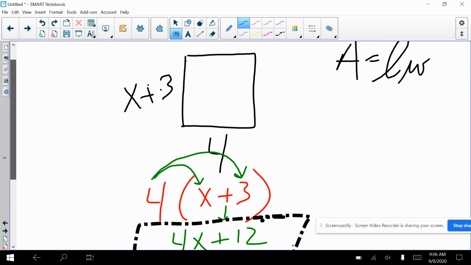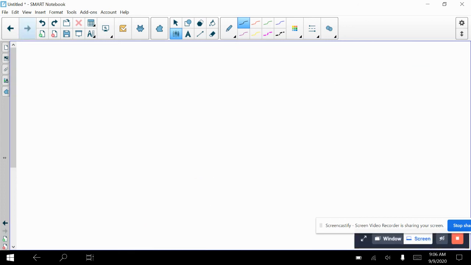Any questions about the distributive property? Breaking numbers down into smaller parts and putting them back together. Okay, let me show you one more. What if you may have to do this actually.